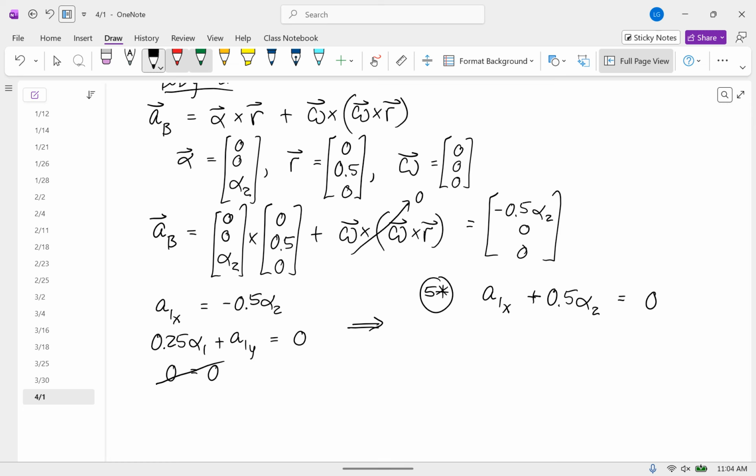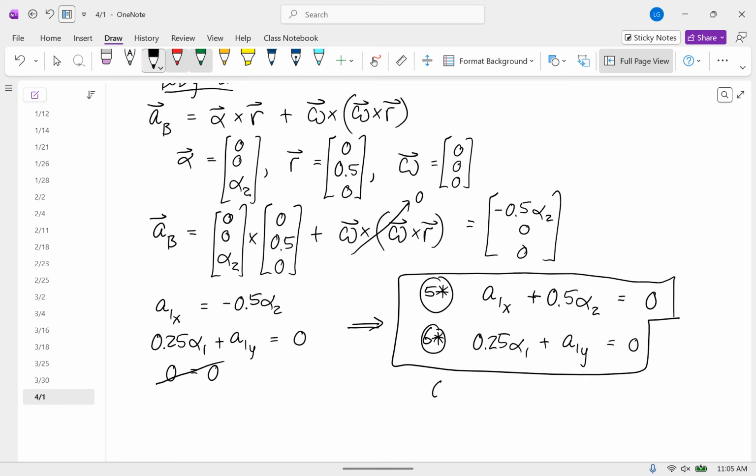So when we're writing acceleration of B, is it acceleration of B relative to ground? Yeah, right. Anytime you don't see the relative motion notation, it means relative to ground. And then equation 6 star says 0.25 alpha 1 plus A1y is equal to 0.